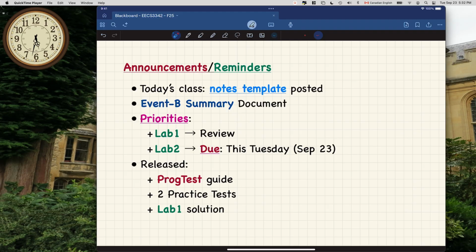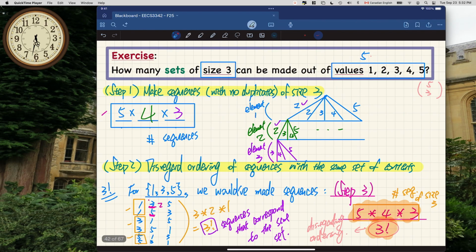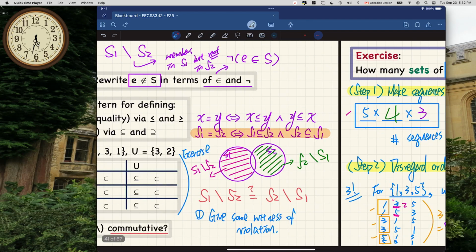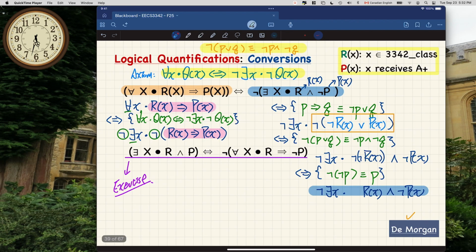Okay, so let's do a recap from last time, and then we'll continue with the relation, right? We'll move a little bit faster today, I'm hoping, but still, we're going to cover all the math review until next Tuesday, okay? So last time we talked about the proper subset, right? I gave you some connection back to what you learned in 2101, the data structure course. And then we did some equational style of proof.